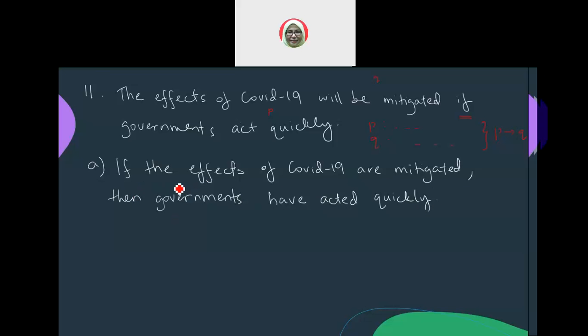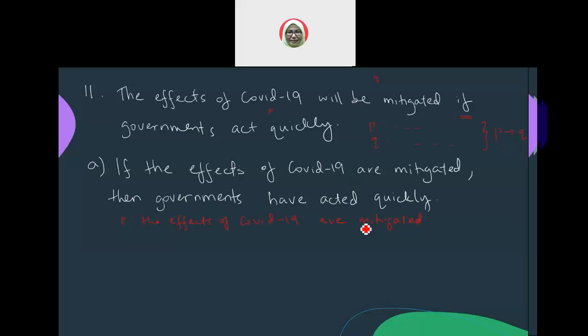Now the effects of COVID-19 are mitigated, this becomes the hypothesis, isn't it? The simple statement for A: P is the effects of COVID-19 are mitigated.